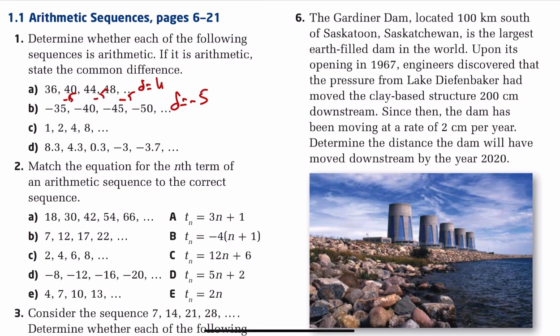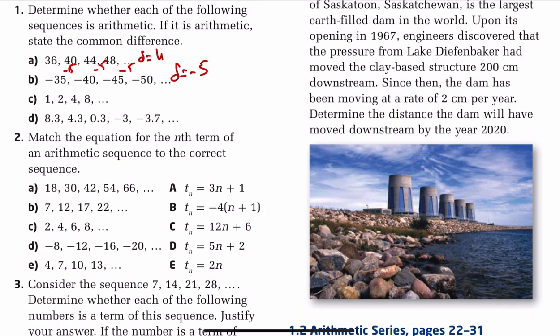For question number 2, for the pattern of the sequence, T1 is 18 and the d is this minus this, which is 12. So 18 and 12. This can be solved like this.